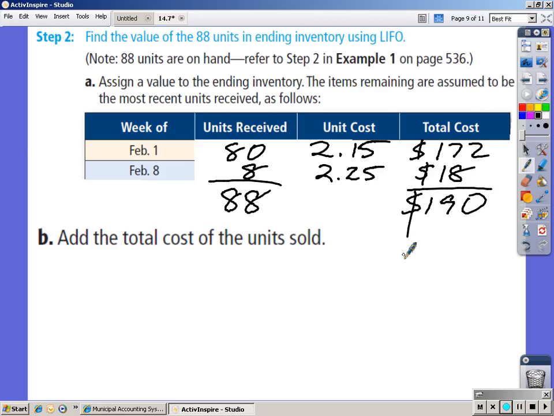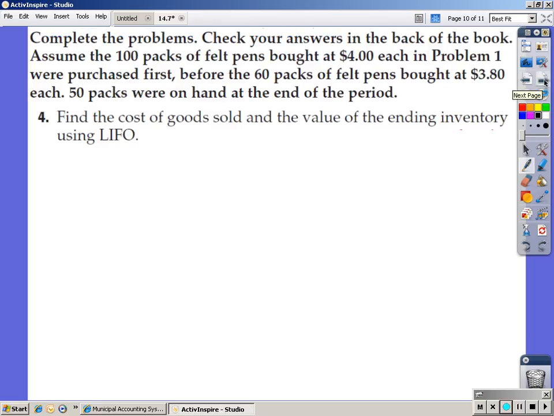Now, let's go ahead. Let's look at problem number 4 of the homework. Try this out. Press pause and play when you're ready. Okay, so let's take a look at this. Again, you had 100 packs of felt pens bought at $4 each. They were purchased first. Then you had 60 packs at $3.80, and you had 50 packs remaining. Okay, so you had 160 total, all right, with 50 remaining, which means you sold 110.